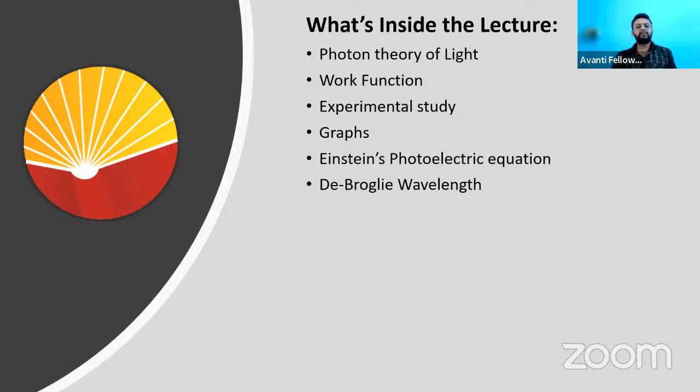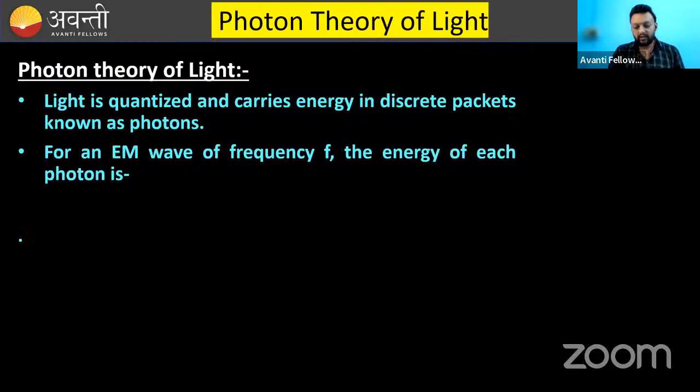Okay. So now first thing is photon theory of light. What I am saying, in this theory, light is assumed to be consisting of particles. And these particles are called photons.